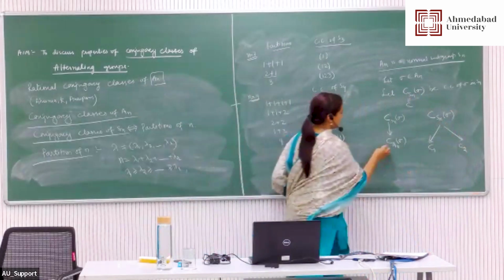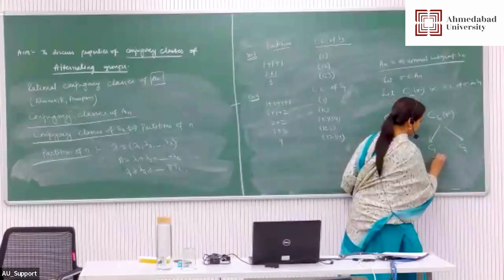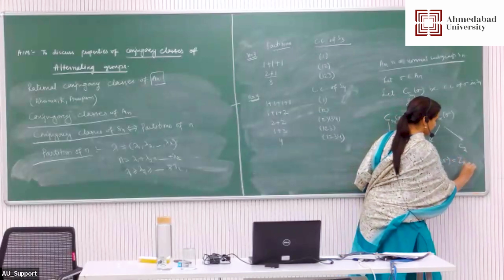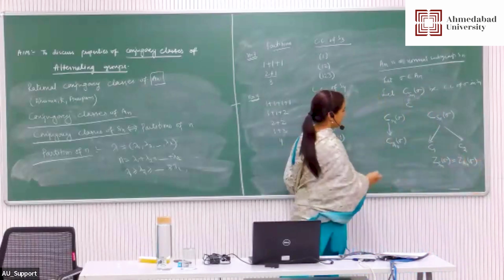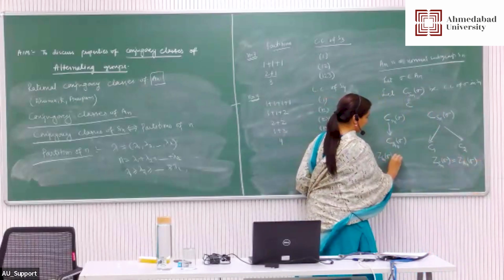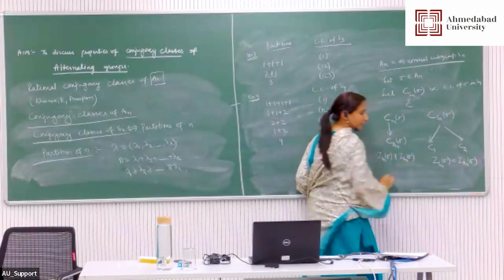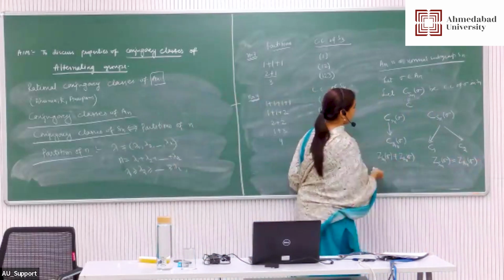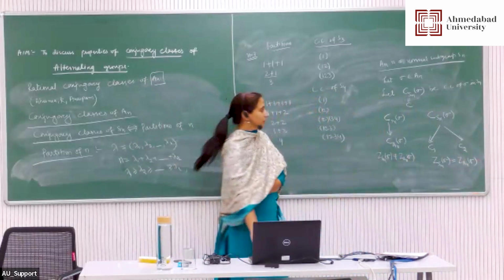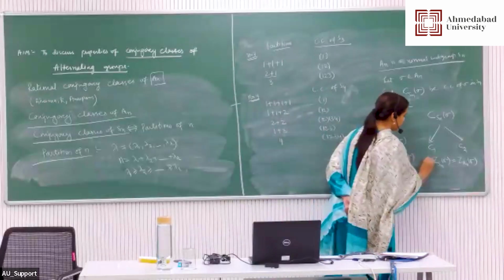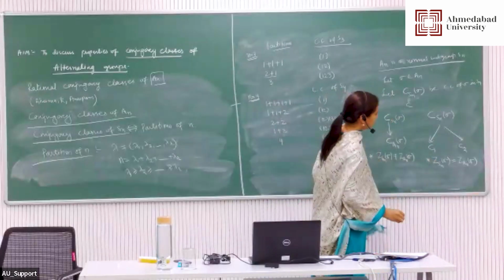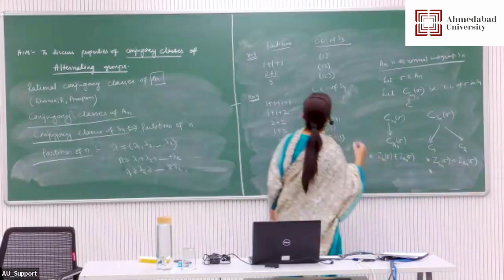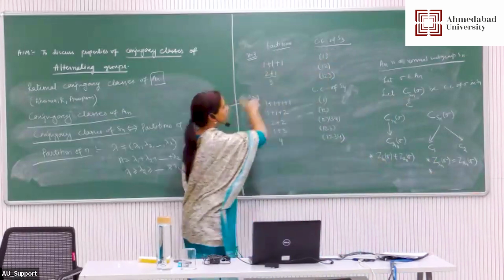So this happens basically when the centralizer of sigma in Sn is the same as the centralizer of sigma in An. If the centralizers are not the same, then the conjugacy class will remain the same. Now, in terms of partitions, you know that every element of Sn corresponds to a partition.